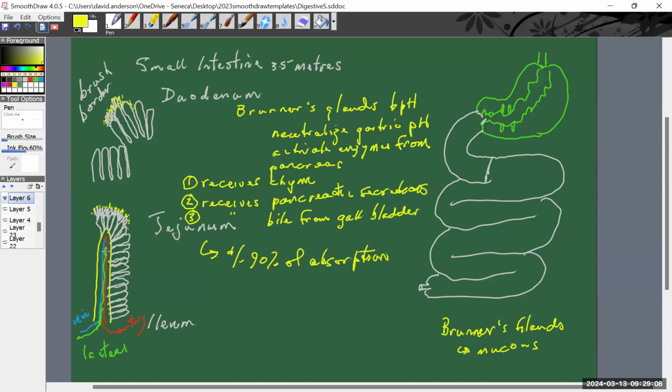We're going to have lipases that break lipids down to fatty acids. Fatty acids can be absorbed by these cells, and sometimes what happens inside those absorptive cells of the digestive system is that the fatty acids are resynthesized into a molecule called a chylomicron.